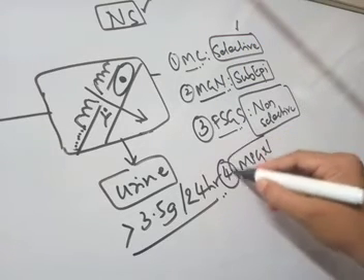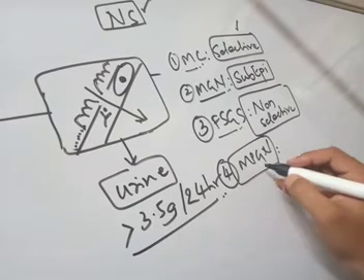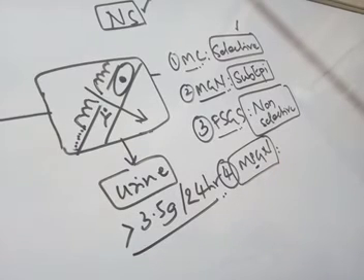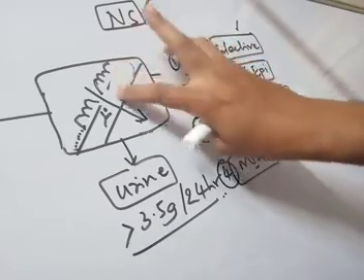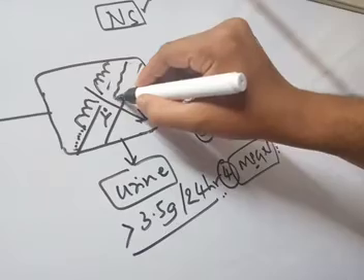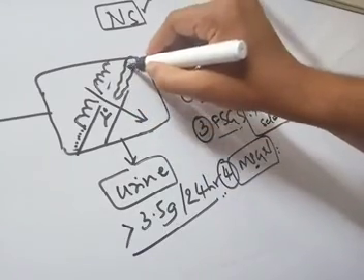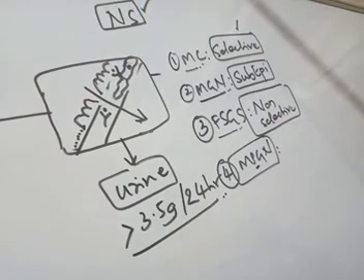What happens in MPGN, membranoproliferative glomerulonephritis? Just observe the word P, that is proliferation. The supporting cell, or mesangial cell, proliferates excessively, and along with this there is antigen antibody deposition.